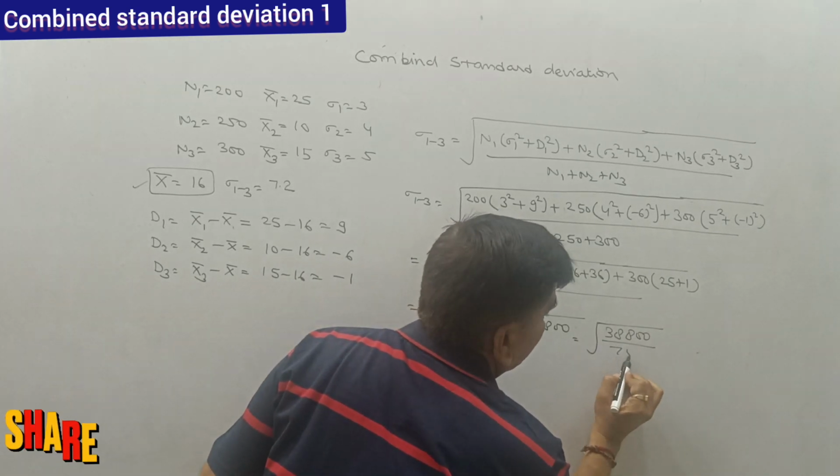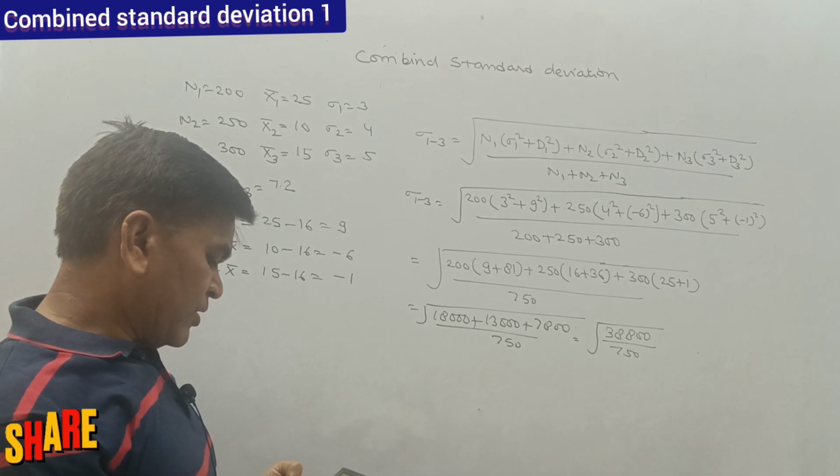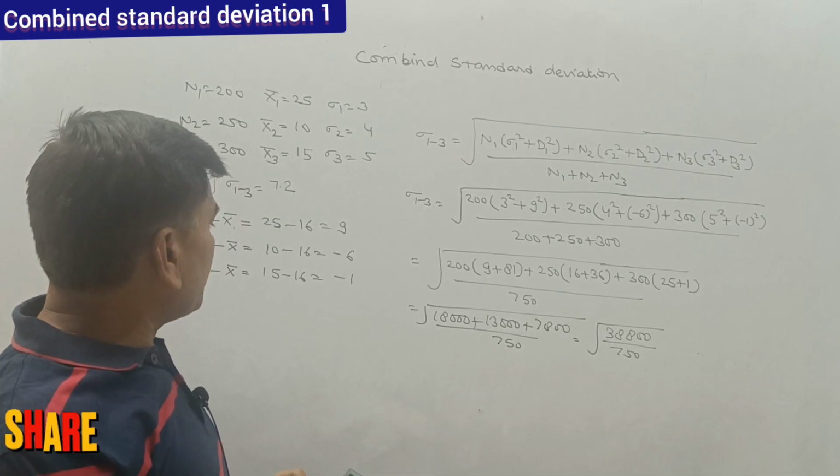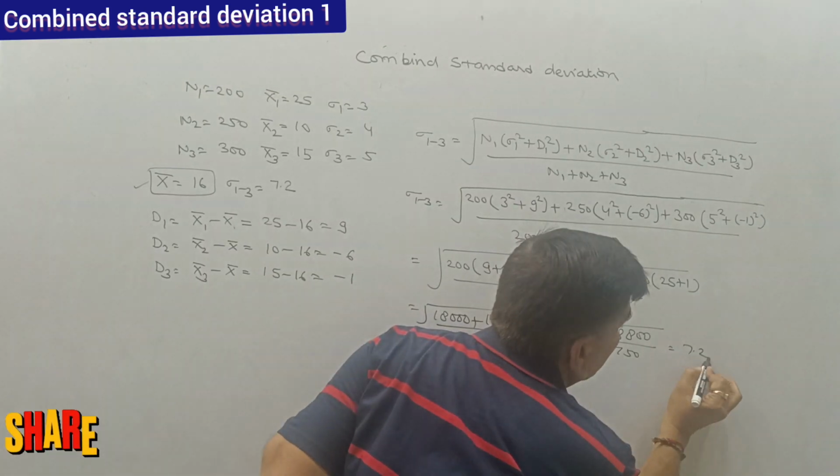Taking the square root of this, we get 7.2. So the value of this is 7.2.